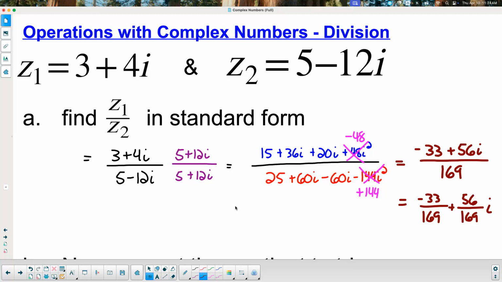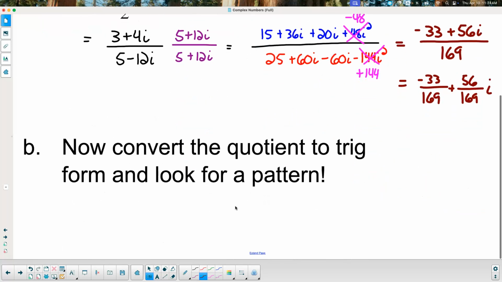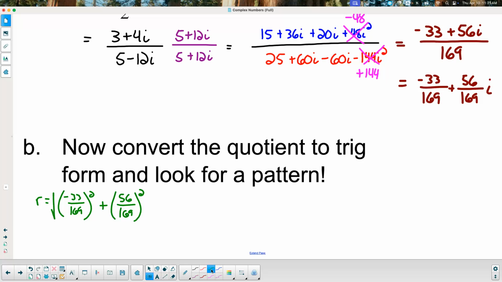Okay. So now let's convert that into trig form. So my R is going to be negative 33 over 169 squared plus 56 over 169 squared, and I take the square root of that.